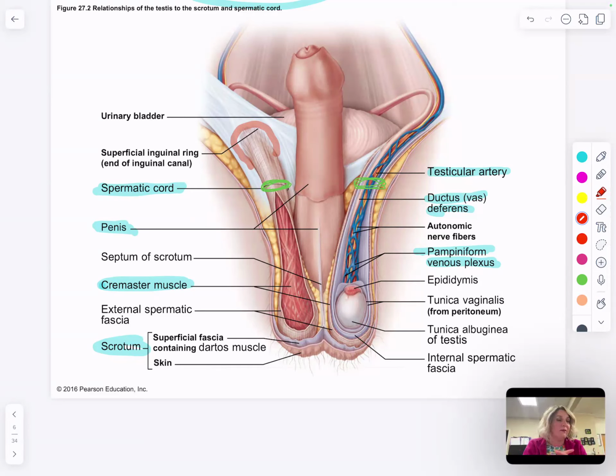Oftentimes what men will have is that through work or injury or whatever, just wear and tear of the body, this membrane here will become maybe torn or just loose around that cord, and so the opening will be bigger. Okay, and when that opening is bigger, that is what a hernia is.